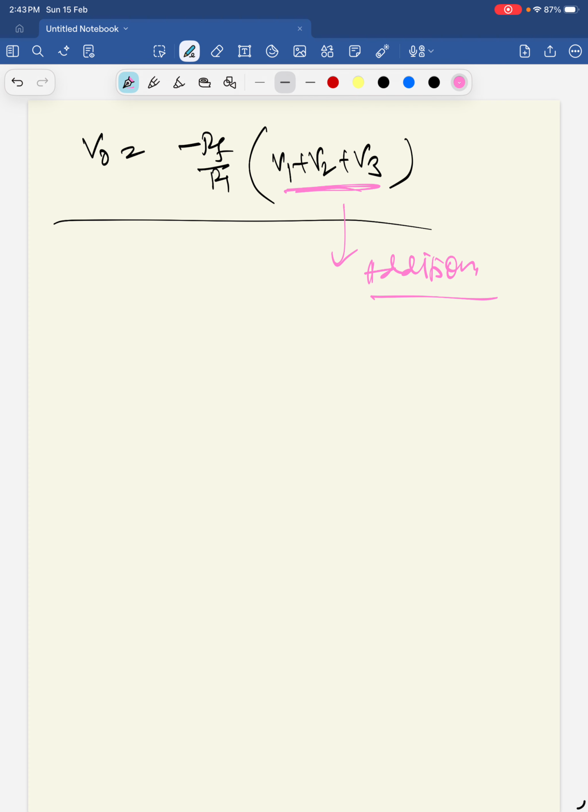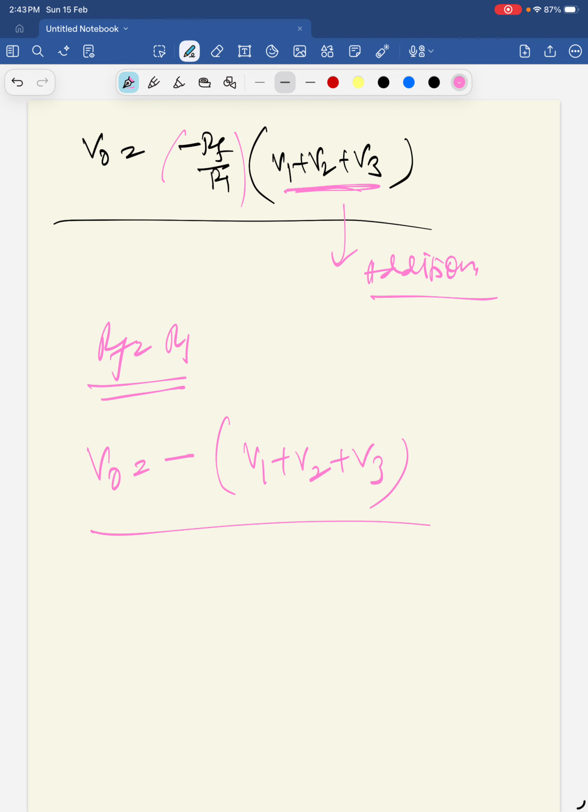And this is the gain. Because of the inverting, so minus comes. Now again we may write RF is equal to R if both resistances are R, then simply V0 should be minus of V1 plus V2 plus V3. So that is our output voltage as inverting adder circuit.